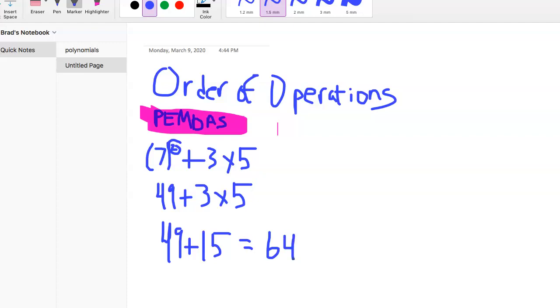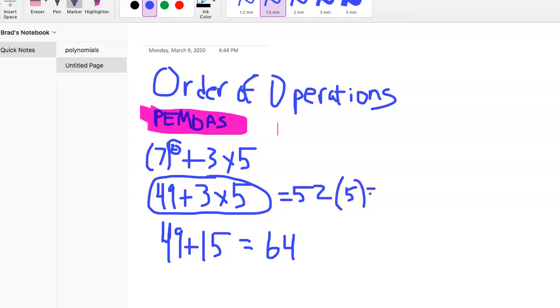Now to show you how you can get into trouble if you just went left to right, if you went right here and you just went left to right. So if you just did 49 plus 3, then you'd get 52, right? And if you multiplied that by 5, you would get 260.